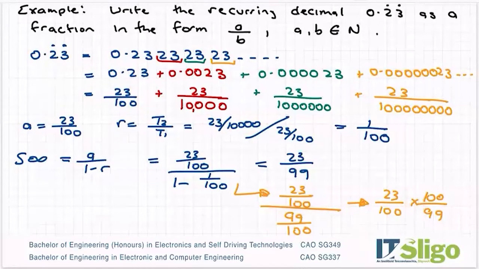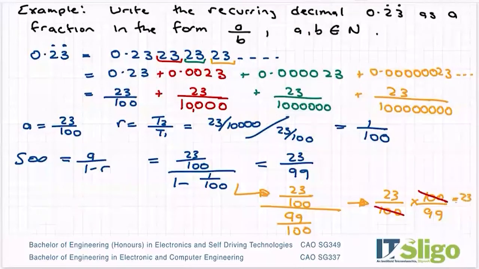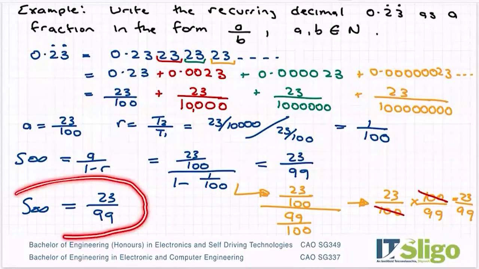That's how you would have been taught to do fractions. And they cancel, and that's where you get the 23 over 99. Therefore, the sum to infinity is equal to 23 over 99. 0.23 as a reoccurring decimal, as a fraction, is 23 over 99.